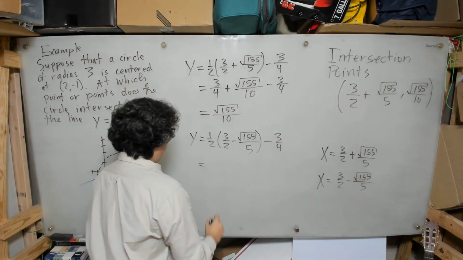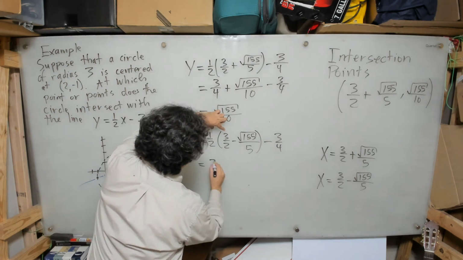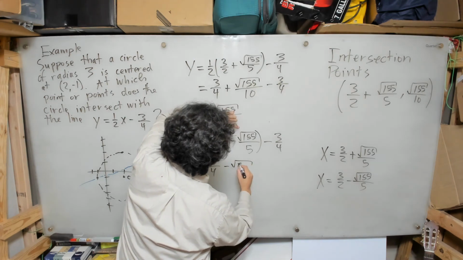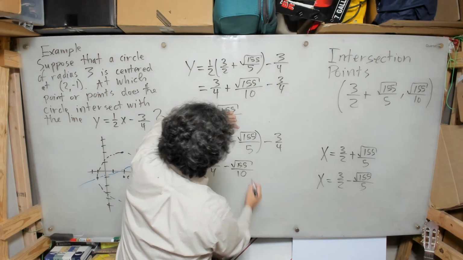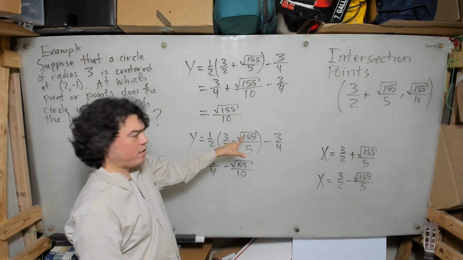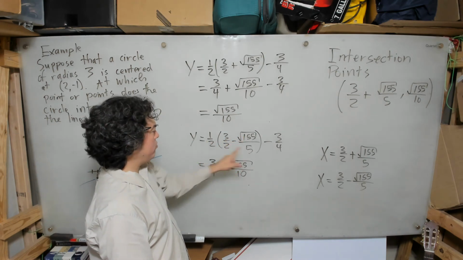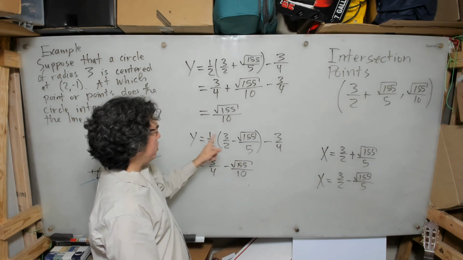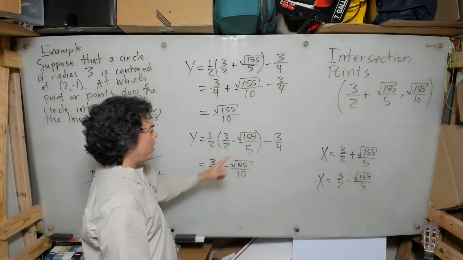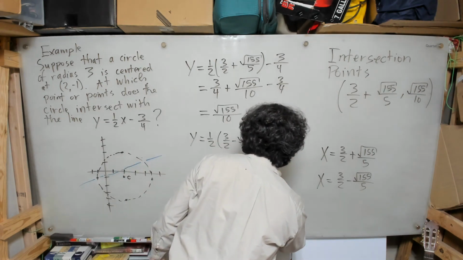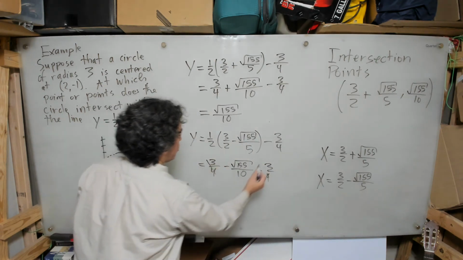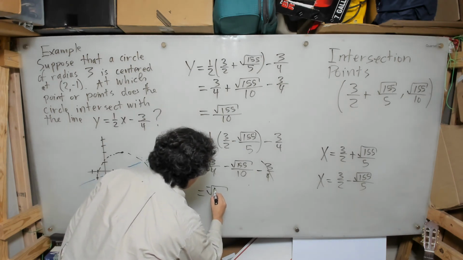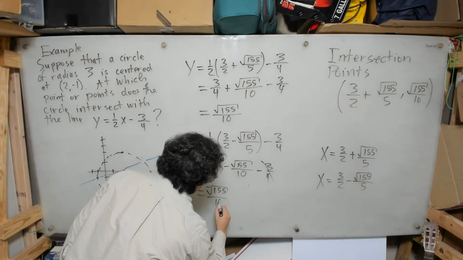This is going to be 3/4 again, minus square root of 155 over 10, because 1 times square root of 155 is square root of 155, 2 times 5 is 10, and it's negative because this is positive, that's negative, and so it'll be negative. 1 times 3 is 3, 2 times 2 is 4, and then minus the 3/4. It turns out again that this one goes away with that one. So we're left with the y coordinate being negative square root of 155 over 10.